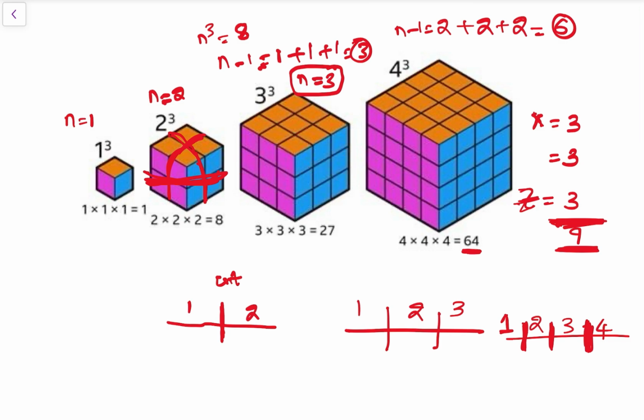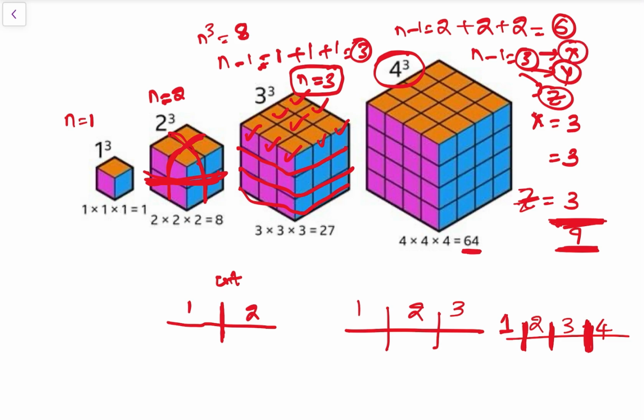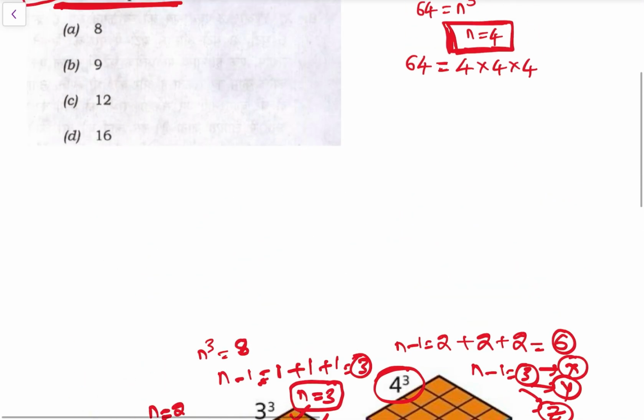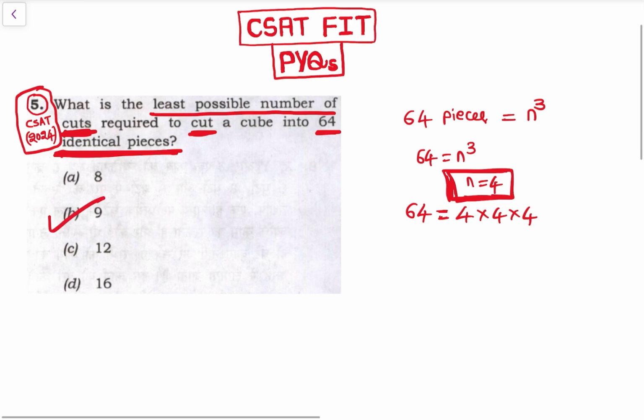If you count the cubes, this is 1, 2, 3, 4, 5, 6, 7, 8, 9. So 9 in each layer, and there are 3 layers. 9 into 3 is 27. So similarly, when n is equal to 4, we get n minus 1 is equal to 3. So 3 along the x-axis, 3 along the y-axis, and 3 along the z-axis, right? So in total we get 9 cuts. This is the explanation of this question.